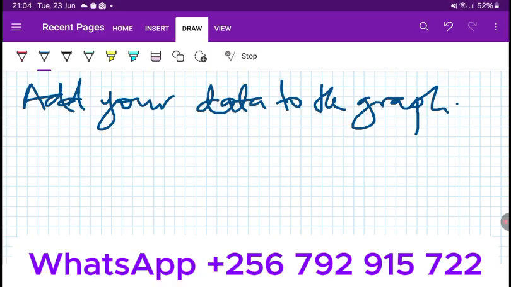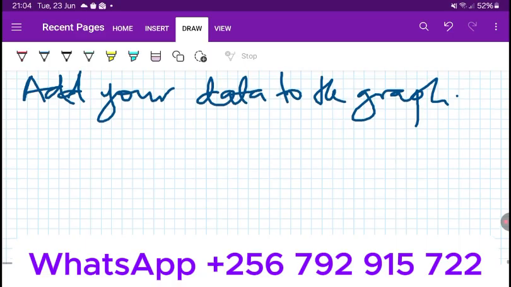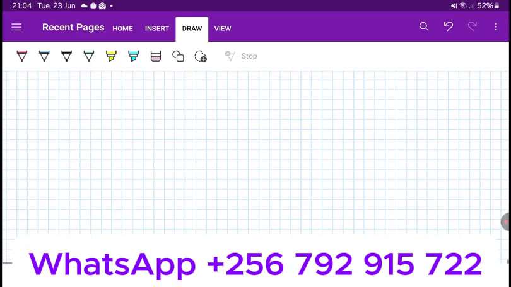So without taking much of the time, let's try to elaborate that graphically. One thing that I told you is the fact that we need a heading on the chart.